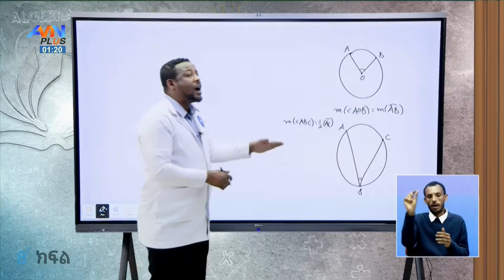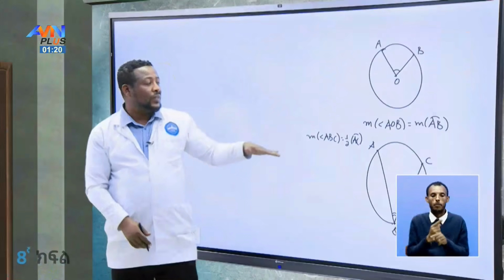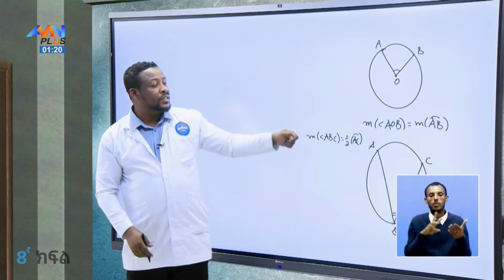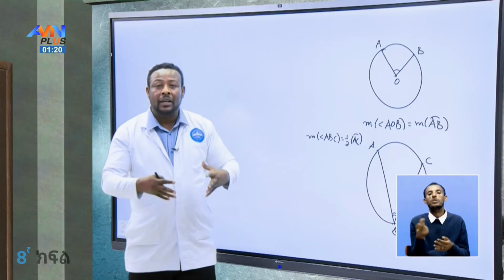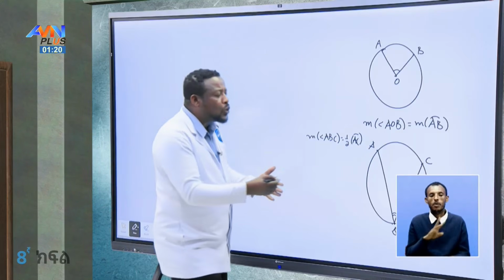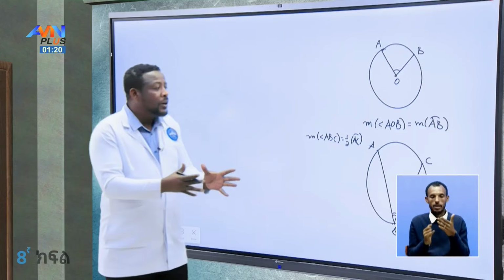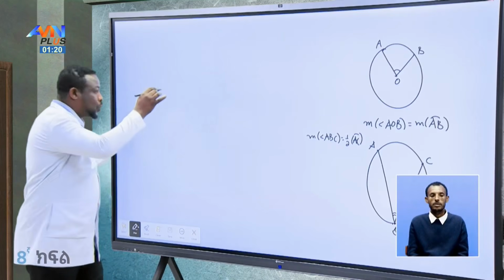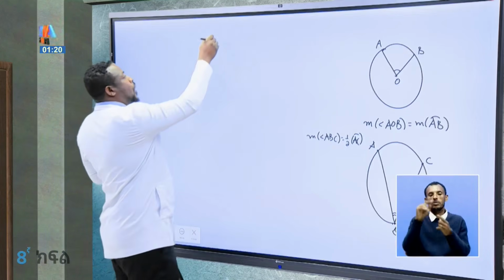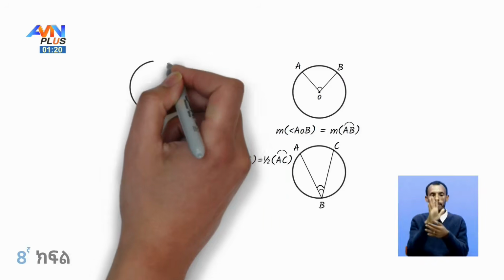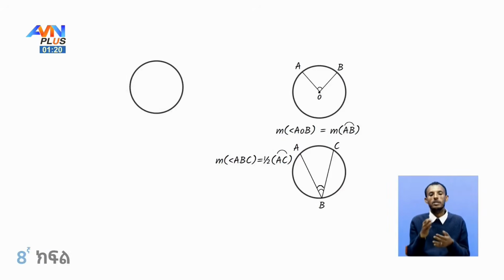Okay, we have seen the proof of this. We derived this using a certain relationship. We were able to construct a diameter. Just to remind you how we proved it, one of the chords can be a diameter.